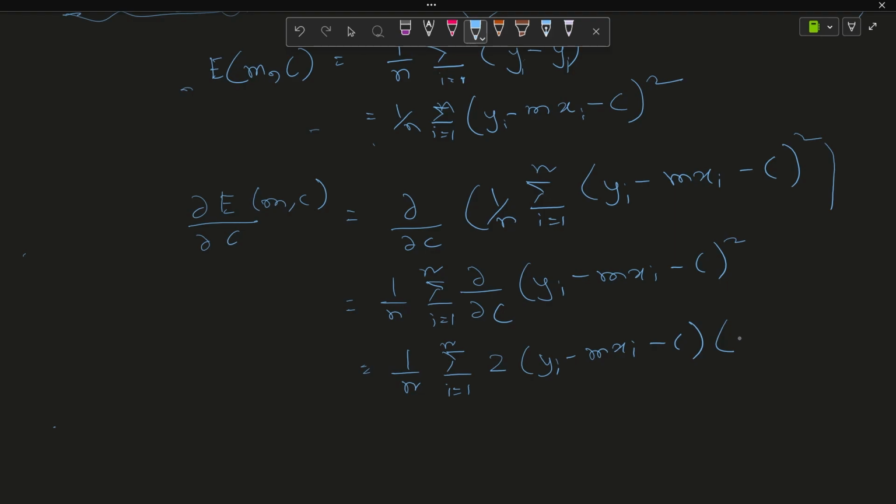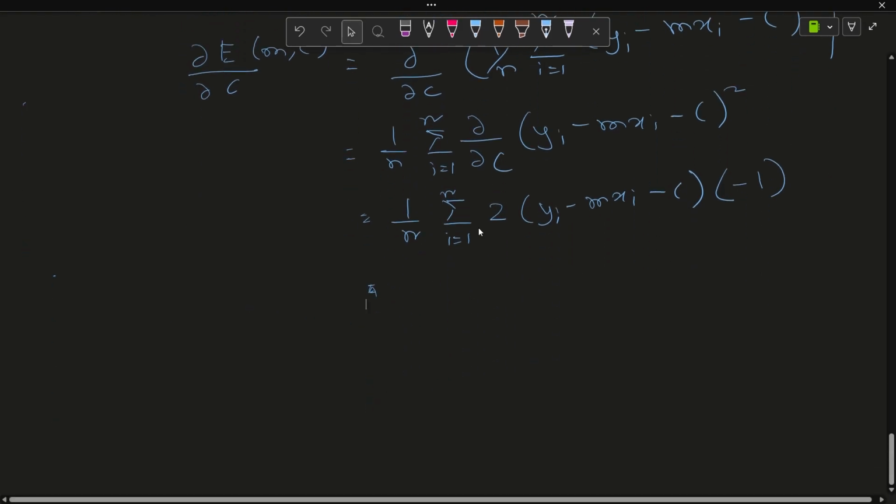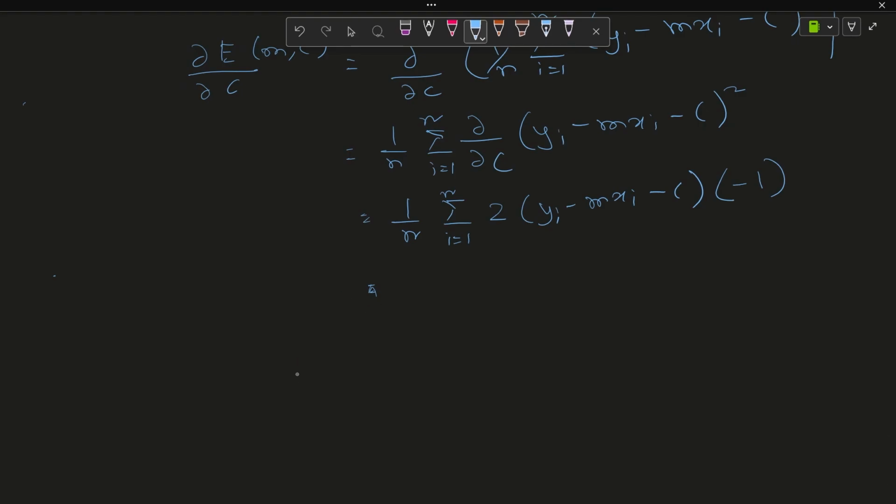We will treat that as a constant, and then we will only take this as minus 1, because the derivative of a constant variable with only one variable will be treated as c, because there is a power here. So we take this as the derivative of this, and then we will equate this to 0, because we have to find the value of c for which the minima is found.